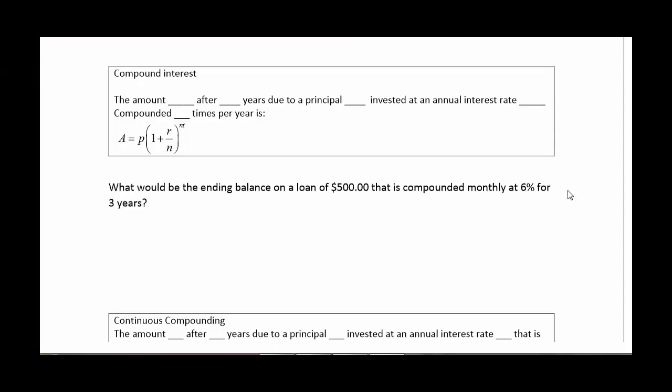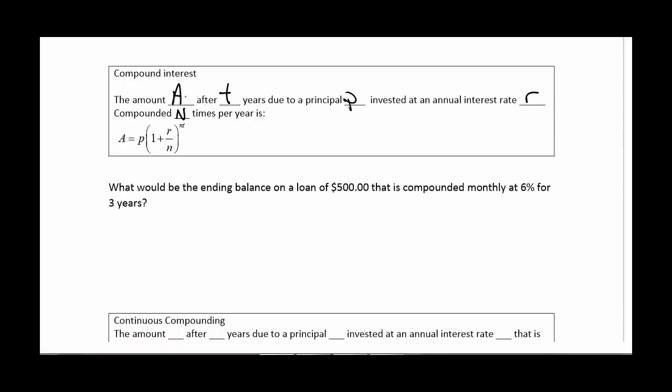All right, compound interest is the amount A after T number of years due to principal P being invested at an annualized interest rate R compounded N number of times per year. Okay, so let me try to translate that into English. When you compound interest, the bank says, we'll give you 10% a year.